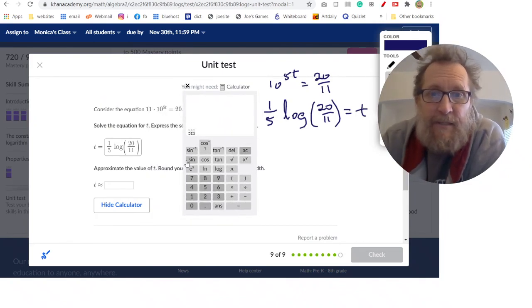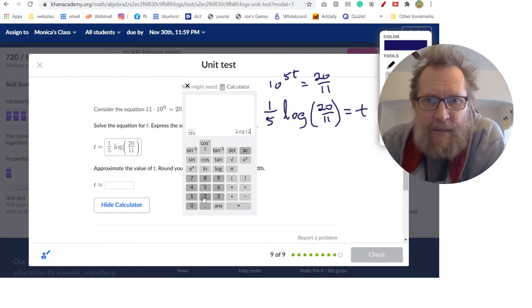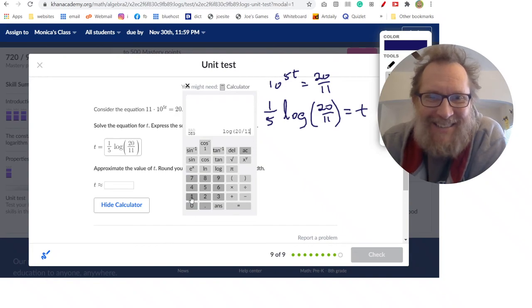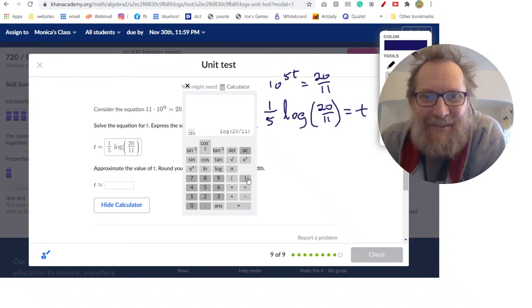It's just easier. Okay, and I'm just going to type it in like this. Log 20 over 11, divided by 5.